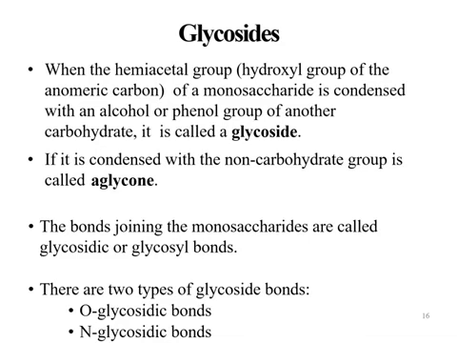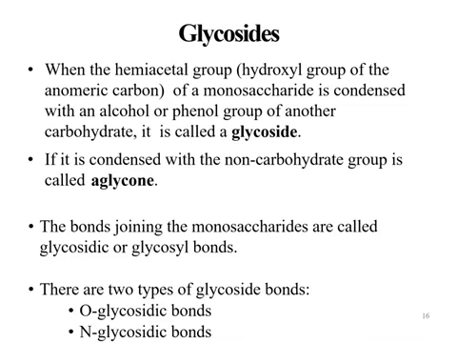And if it is condensed with a non-carbohydrate group, it is called an aglycone. So we can define a glycoside as follows: when the hemiacetal group of a carbohydrate moiety is condensed with the alcohol or phenol group of another carbohydrate, it is called a glycoside, and if it reacts with a non-carbohydrate group, then it is called an aglycone.